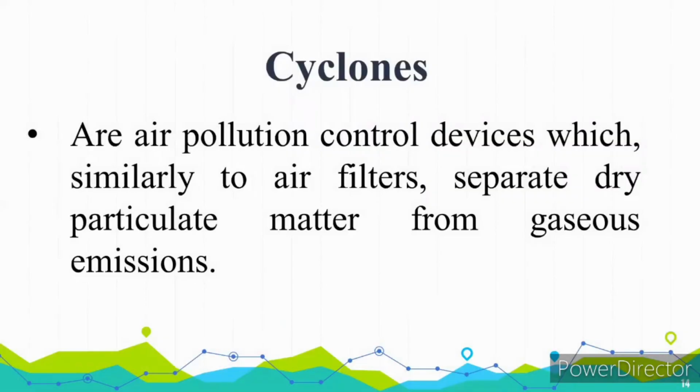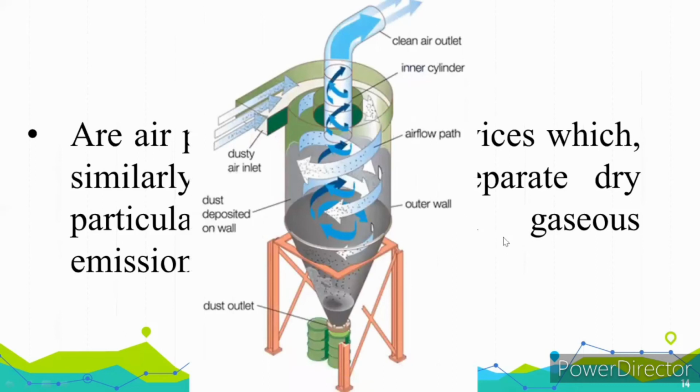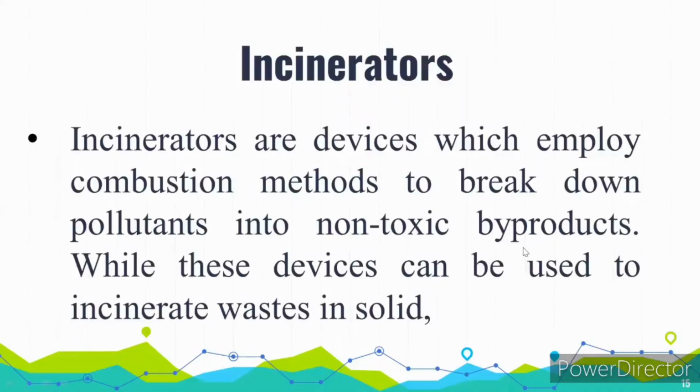Next is cyclones. Cyclones are air pollution control devices which, similarly to air filters, separate dry particulate matter from gaseous emissions. This is an example of cyclones. Next is incinerators. What is incinerators?